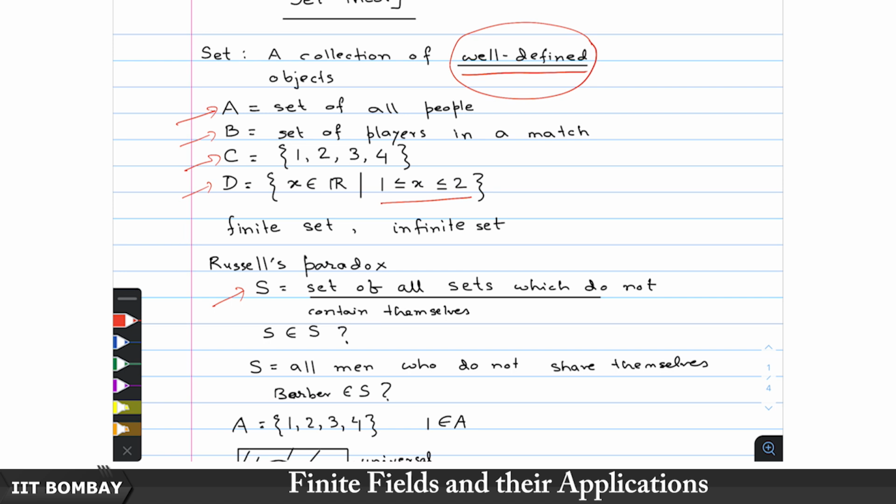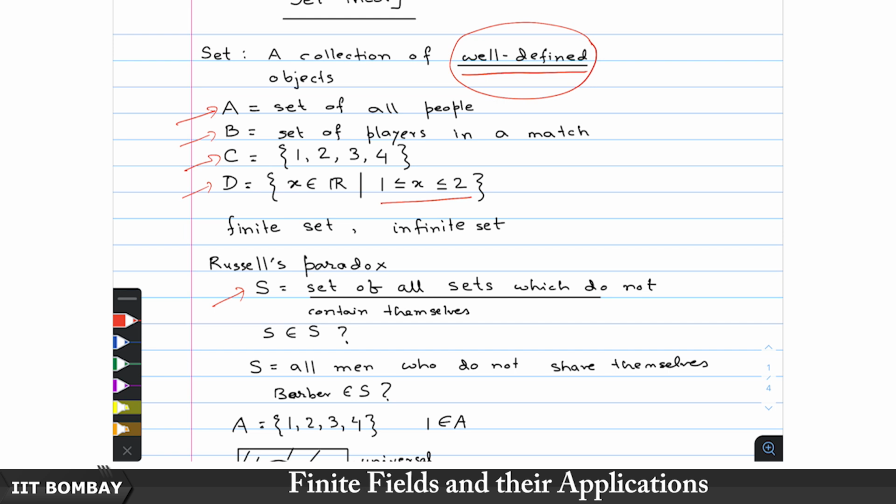So, the objects in this set are sets themselves, but not all sets, only those sets which do not contain themselves, right. Now, this definition is confusing, and for valid reasons, as it is actually not well defined, as we will see.